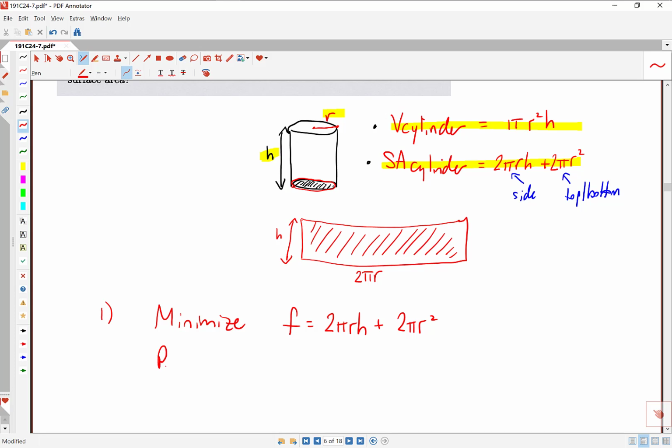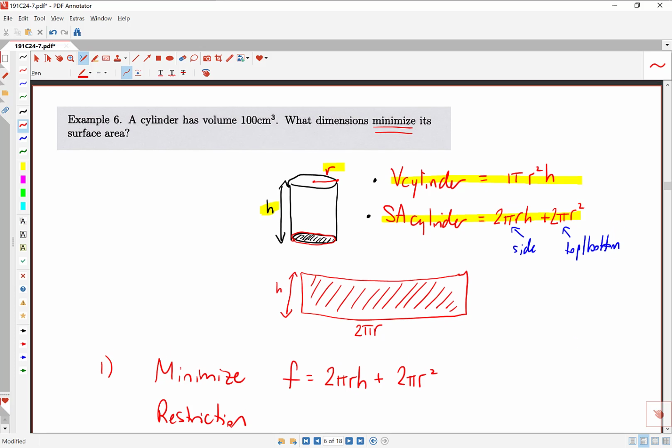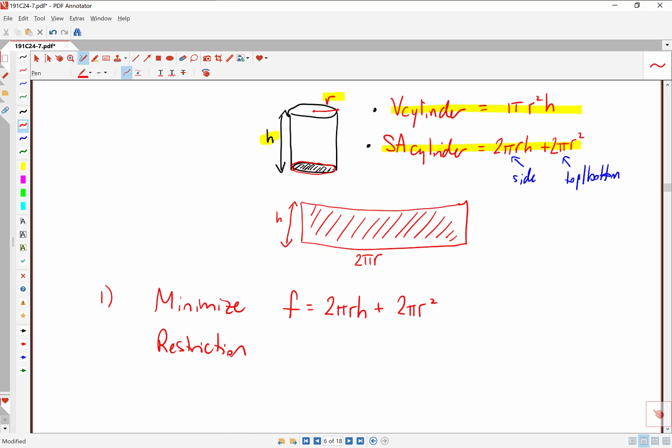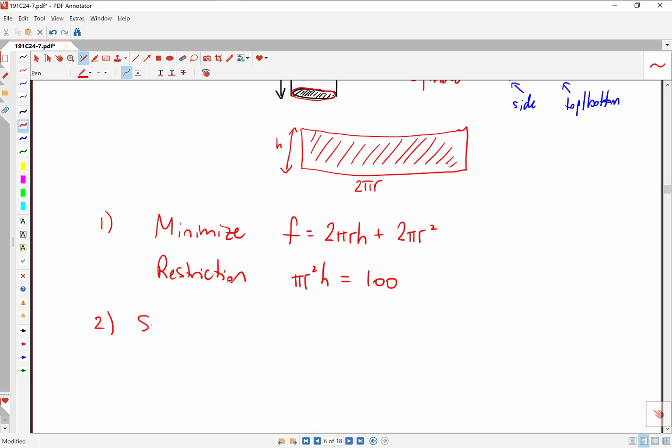And let's figure out our restriction. So we're told in the question that our cylinder has a volume of 100 cubic centimeters. Okay, so that's going to be our restriction. Volume is pi r squared h, and we want that to be 100. So step 2, we're going to try to turn this into a single variable problem.